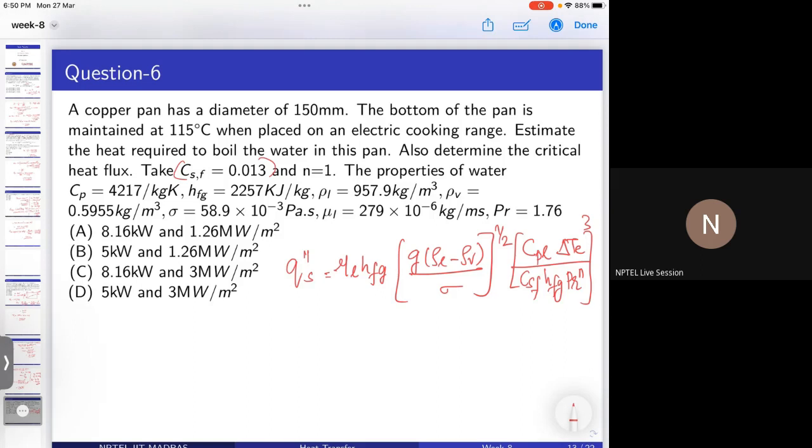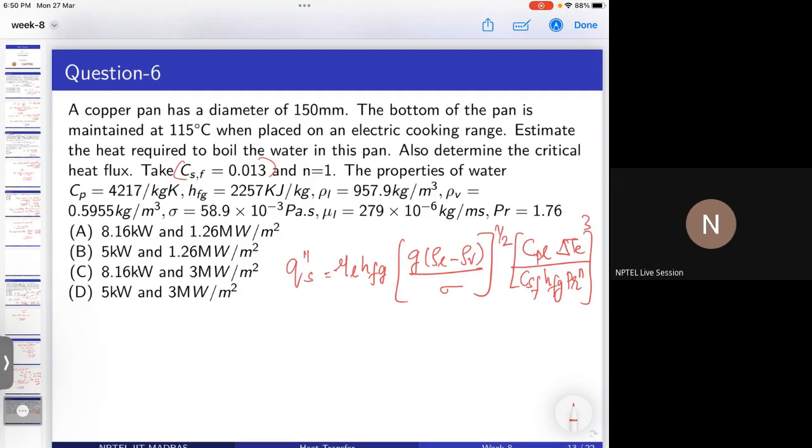In this particular question, we have a copper pan and water. That's why the CSF and n are given, and the properties of water are also given. So you will get the heat flux. Then if you get the heat flux, how do we find Q? We just multiply it with the surface area of heat transfer.